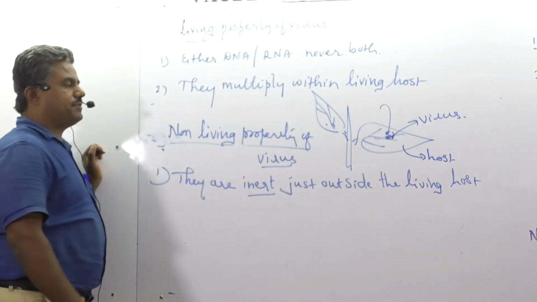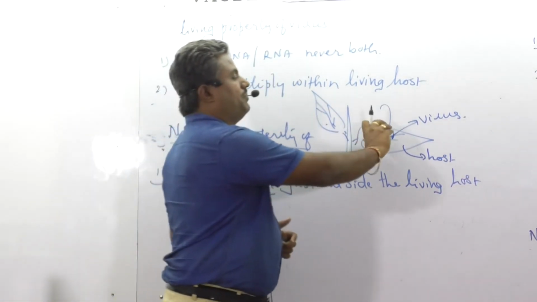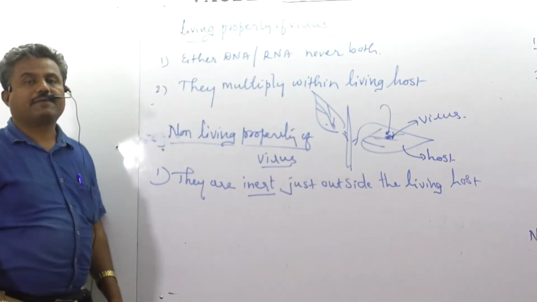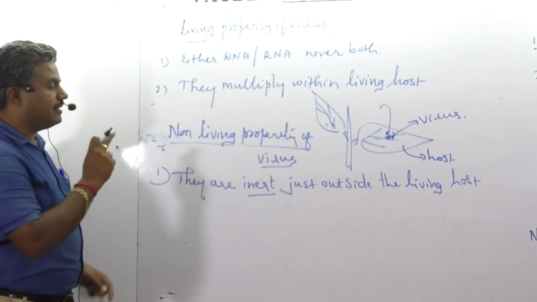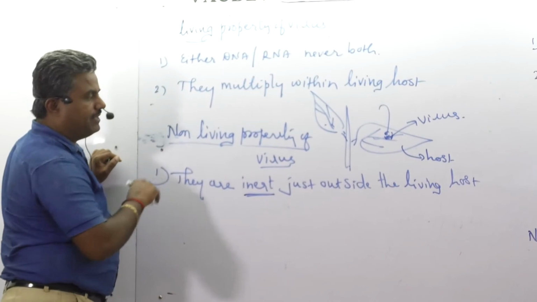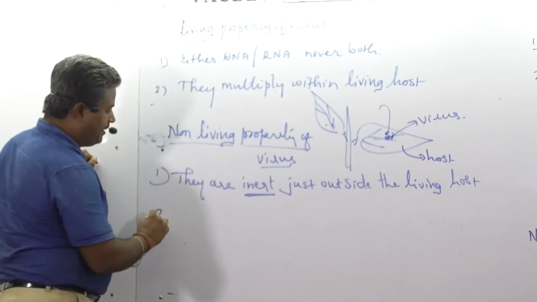Outside the living host, once it comes out leaving the host, it cannot multiply. It will become an inert, inactive form. This is one non-living property.